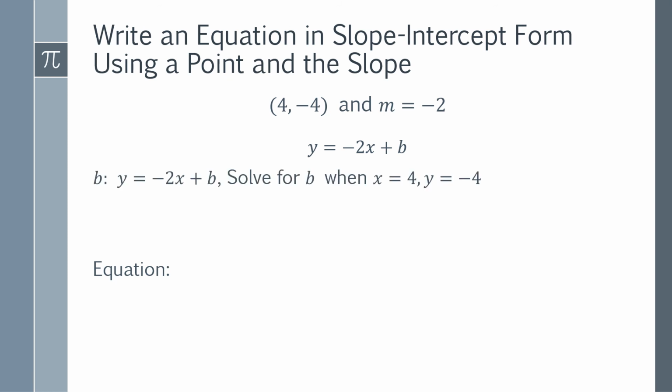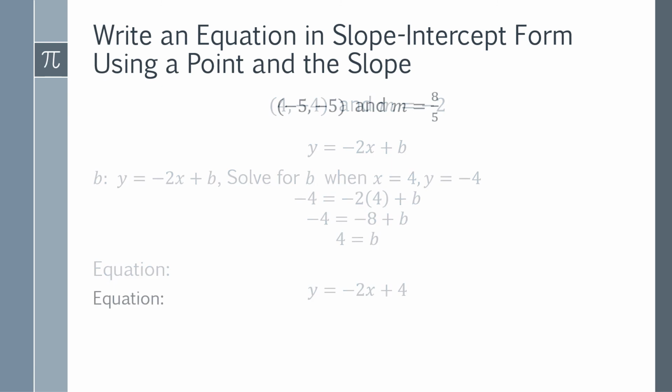So we're going to substitute that in. So we get -4 equals -2 times 4 plus b. And when we solve for b, we get b equals 4. So the equation of this line is y equals -2x plus 4.